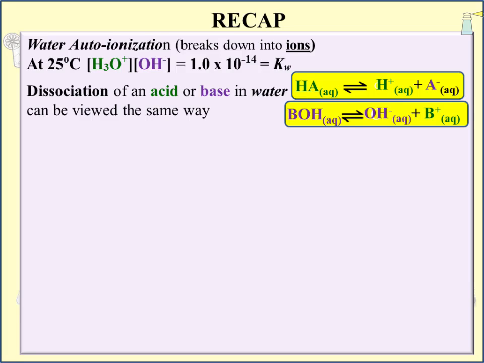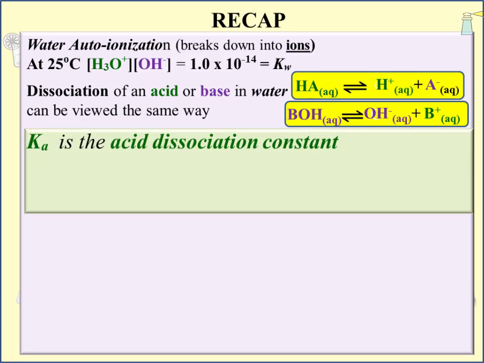Ka is the acid dissociation constant. For the generic acid at equilibrium, it is the concentration of the products over the concentration of the acid. Similar to how the hydrogen ion concentration was converted to pH, the Ka can be converted to pKa.